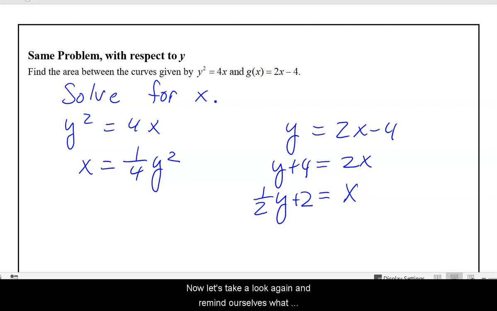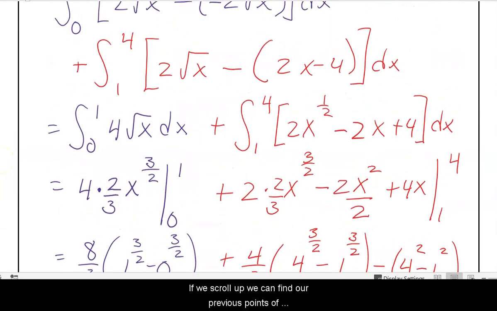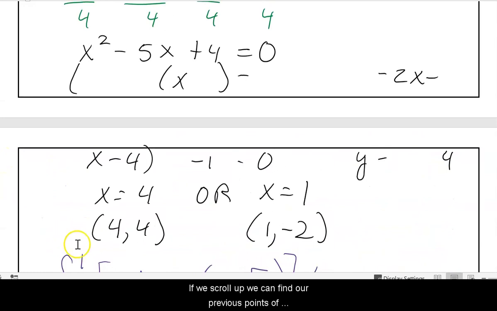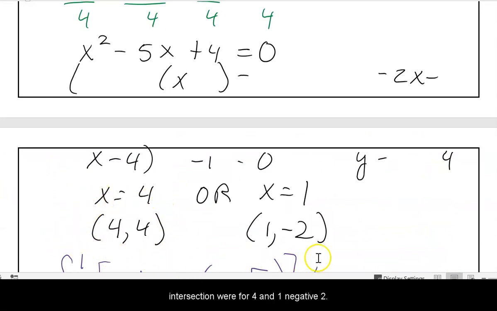Now let's take a look again and remind ourselves what the points of intersection would be. We could, of course, set these two equal to each other and find the regions. However, we've already solved this problem once. Let's simply look back at what we did before. If we scroll up, we can find our previous points of intersection were (4, 4) and (1, -2).